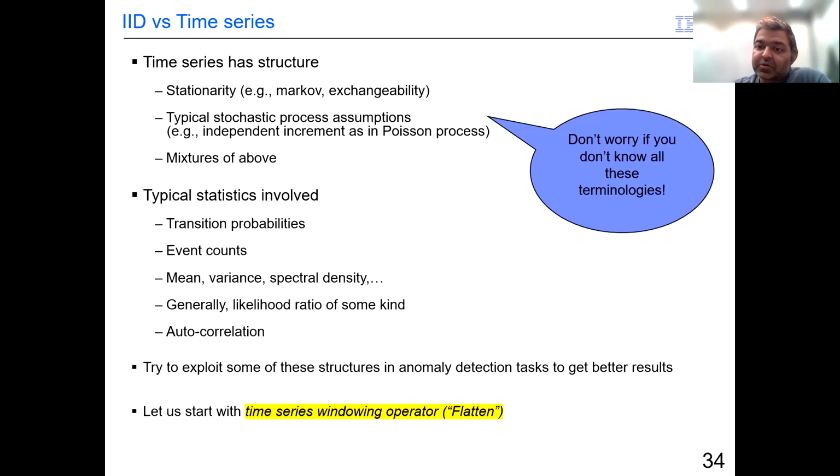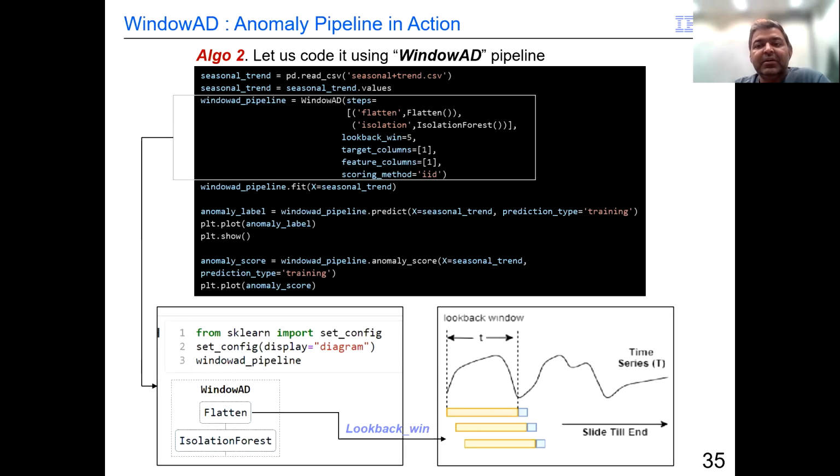In order to address this, and since time series data is not IID, the simplest solution that we have seen data scientists adopt is, given a time series, you slide a window of certain length and translate the time series data into some sort of tabular data. So let me introduce a window AD pipeline.